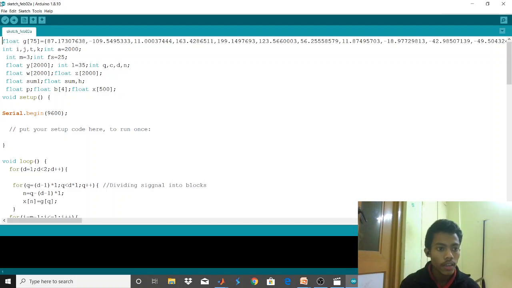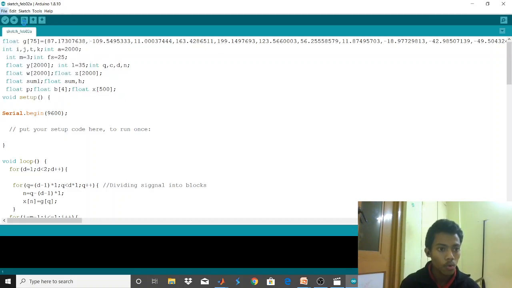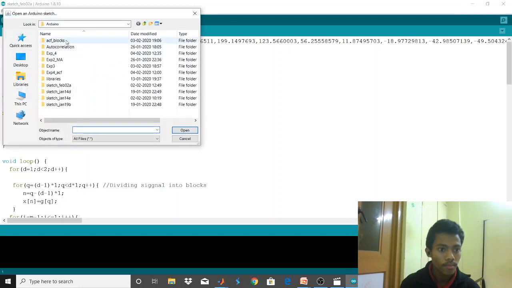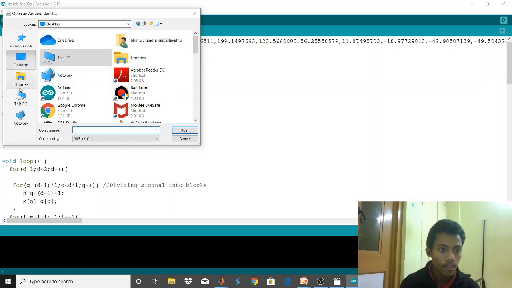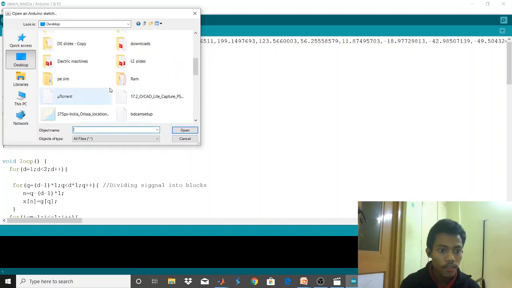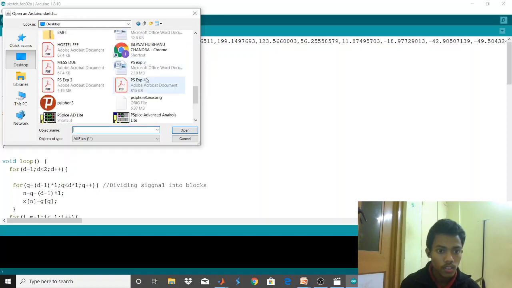This code I actually explained previously, last week. So first I will explain the DFT code, then I will come to autocorrelation. Just give me a few seconds.